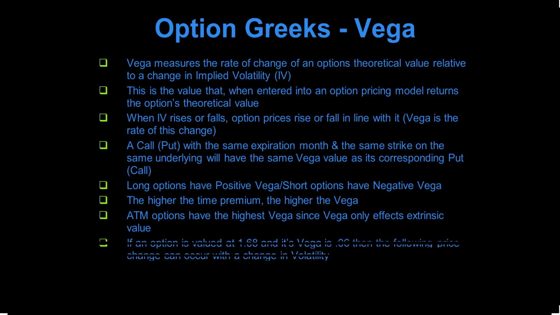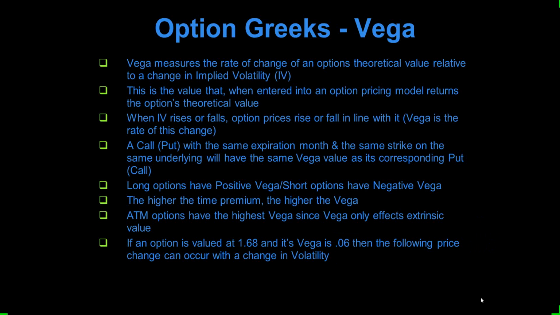Now, let's do an example. If an option is valued at $1.68, so it's $168 for one option contract, and Vega is 0.06, what does that mean? That means that for every 1% change in volatility, my option contract is going to go up or down by 0.06, depending on whether I'm long or short Vega.